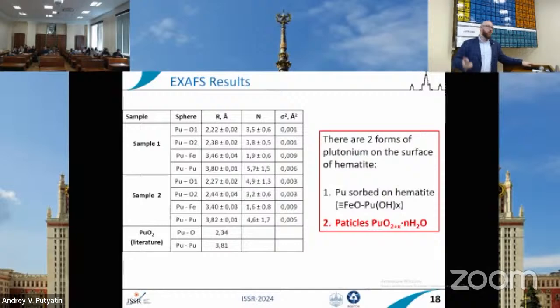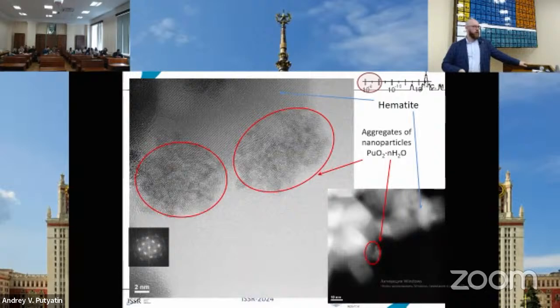So it is a clear identification of these particles in this system. It was confirmed also by transmission electron microscopy with high resolution. When plutonium at relatively high concentration, 10 to minus 6, was taken, it was observed not an even distribution of the plutonium on the surface of the hematite.